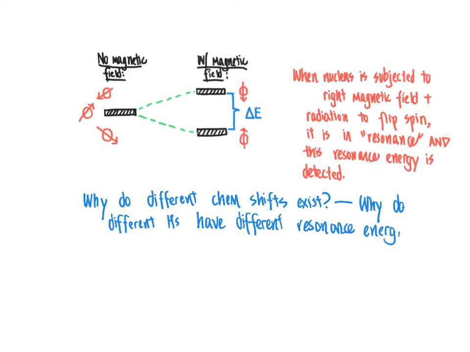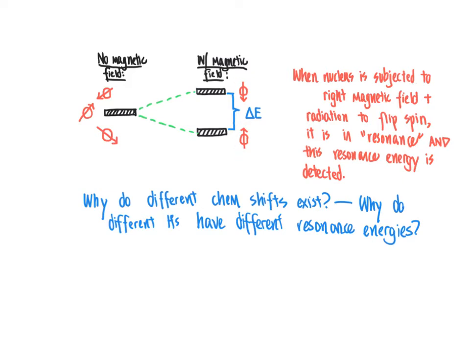Because it is the resonance energies that correspond to where the chemical shift resides along the x-axis. So the basis for why different chemical shifts exist, or in other words, why different hydrogen atoms in a molecule have different resonance energy, is that they undergo this transition at different energies when placed into a magnetic field.